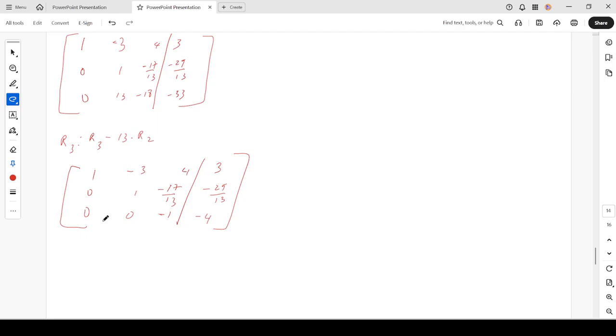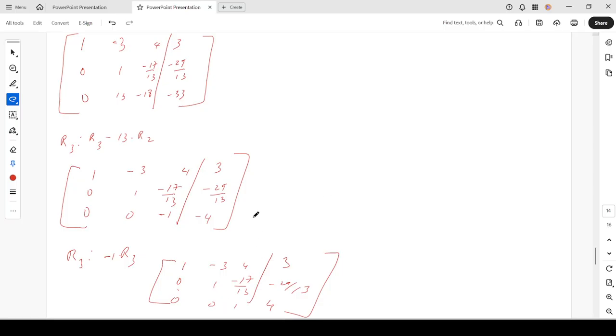So multiply this row 3 by negative 1, and I'm going to just copy the rest of the thing. That will give us 4. So this 4 is the answer for Z.